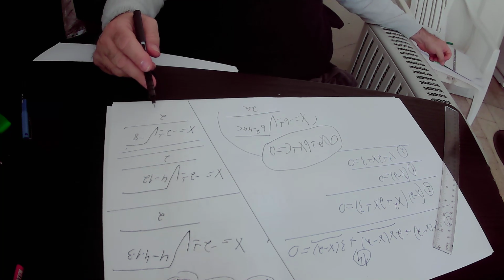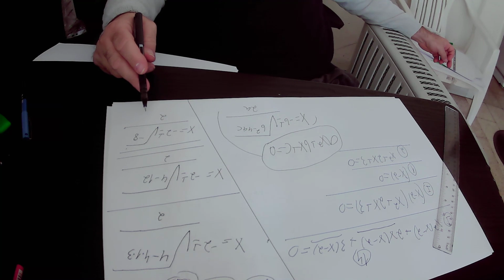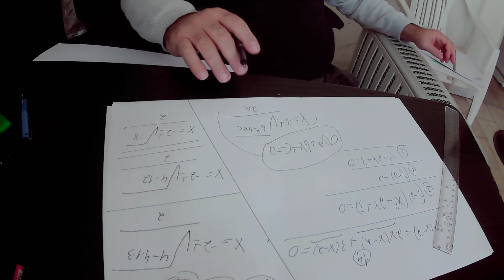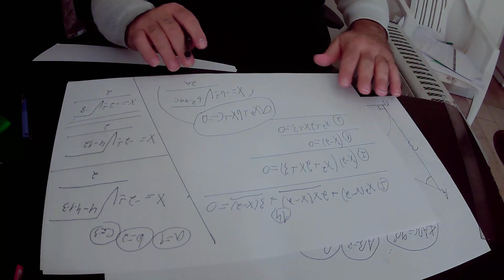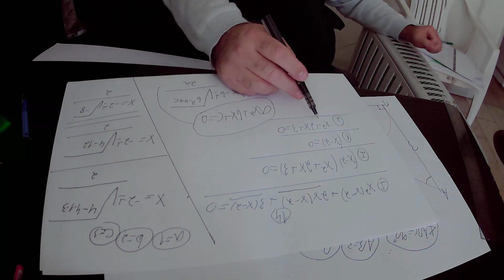over 2. But because of the fact that a negative number doesn't have a square root, minus 8 doesn't have a root, therefore this quadratic equation has no solution.